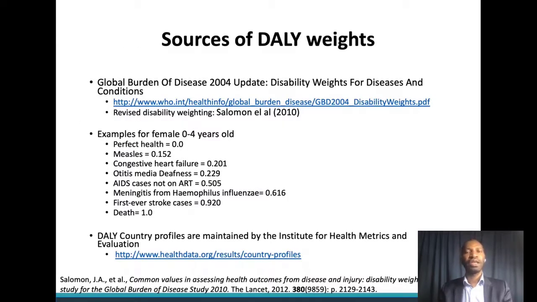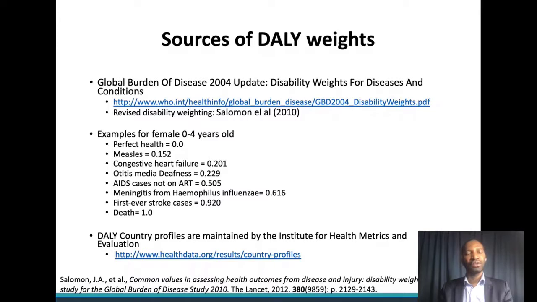So where could we get the DALY weights? Well, the Global Burden of Disease 2004 update, Disability Weights for Disease and Conditions, provides some information. There are also some revised disability weightings that were published by Solomon et al. in 2010. Here is an example of weights for females 0 to 4 years old.